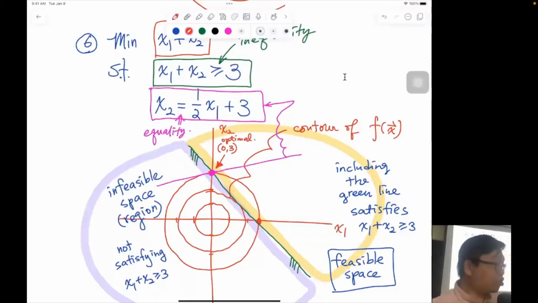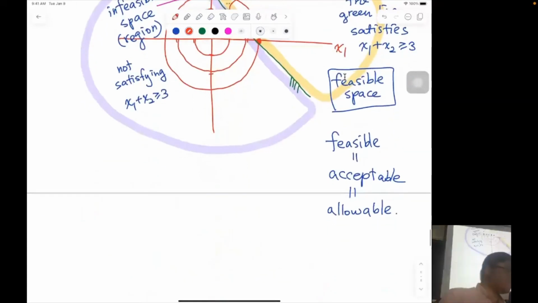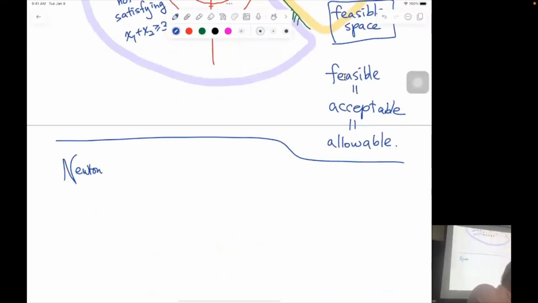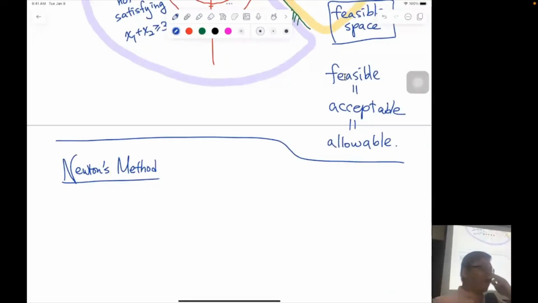I would like to introduce one simple method that finds the optimal mathematically, not by graphical. But in order to find the optimal mathematically, I can only use a single dimensional problem first. So let me introduce you to something called Newton's method. Newton actually created this method.